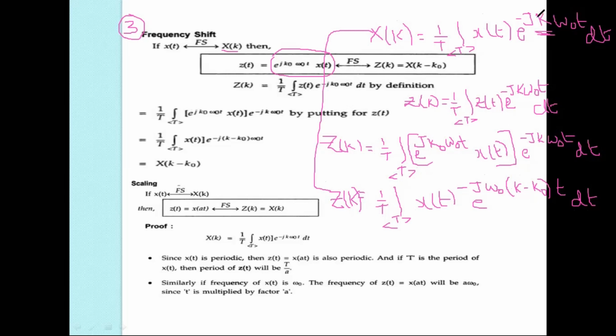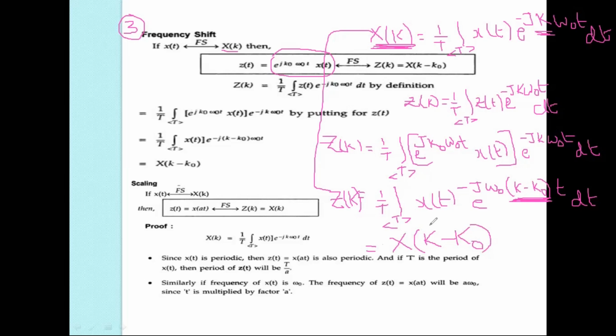So whenever it is a k here, the value is the x of k. Instead of k, what is the value here? K minus k naught. So total equation, instead of k here, it is x of k. Now the right hand side equation becomes x of, instead of k here, k minus k naught.